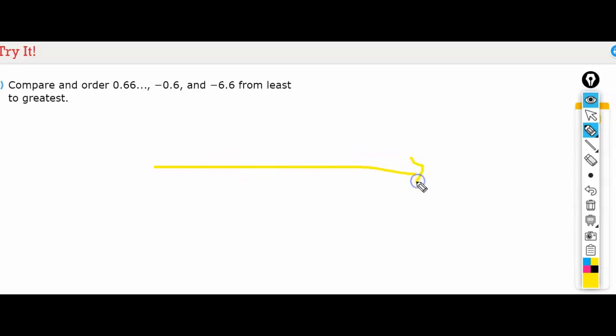So we have a number line. Let's put our 0 in the center. Our negative numbers will be on the left, and our positive numbers will be to the right.